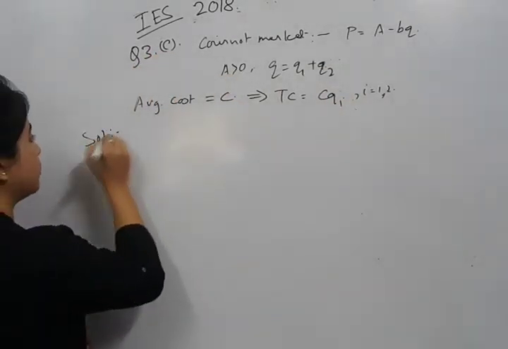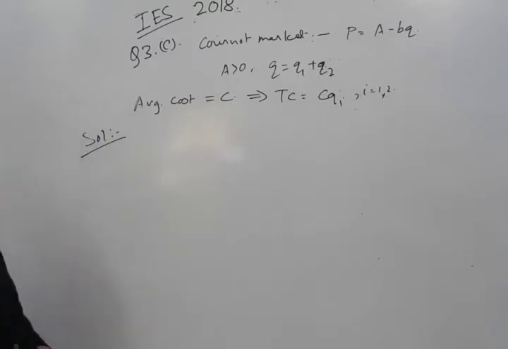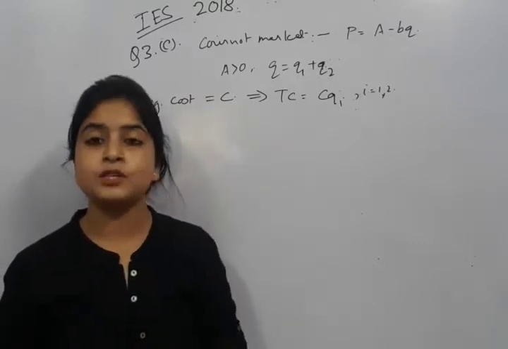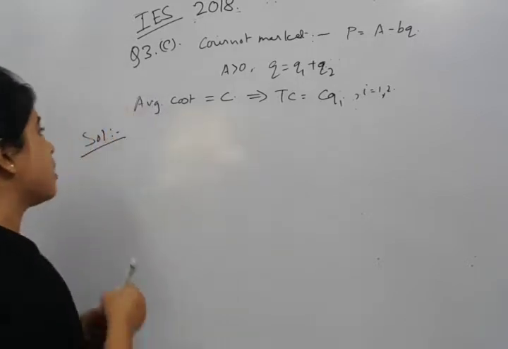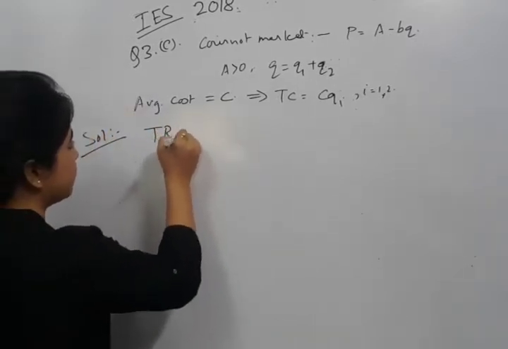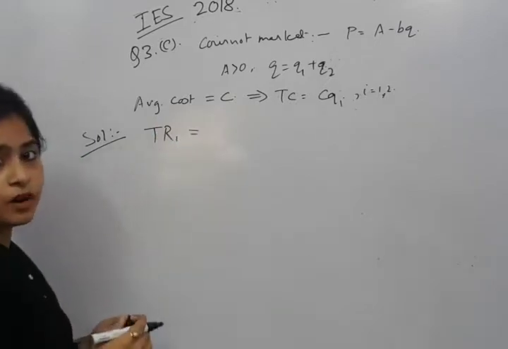Now, so there are 2 firms. That means we have to find the profit function for 2 different firms. Alright, so before that we have to find the total revenue for both the firms.